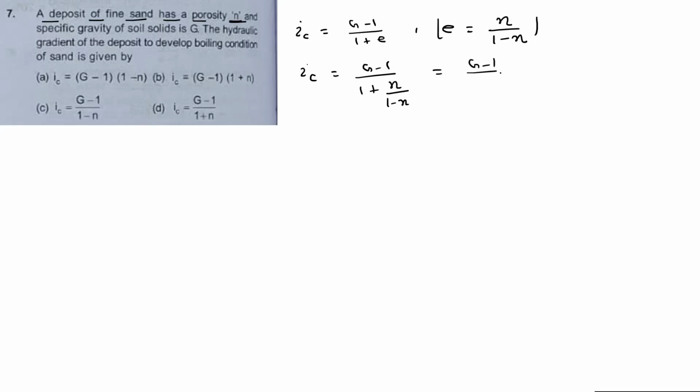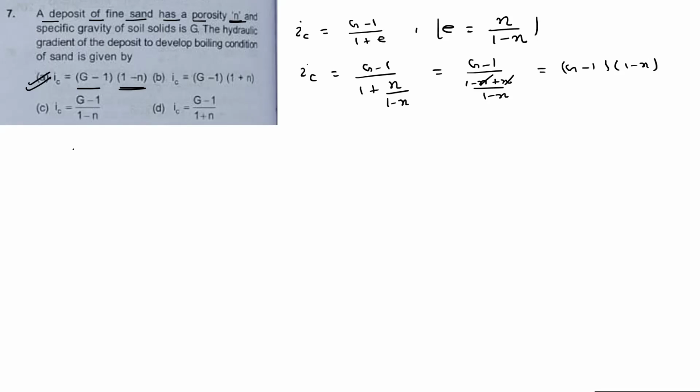So this is (G minus 1) divided by ((1 minus n plus n) divided by (1 minus n)). The n cancels out, and you will have (G minus 1) into (1 minus n). So Ic is equal to (G minus 1) into (1 minus n). So the answer for question number 7 will be A.